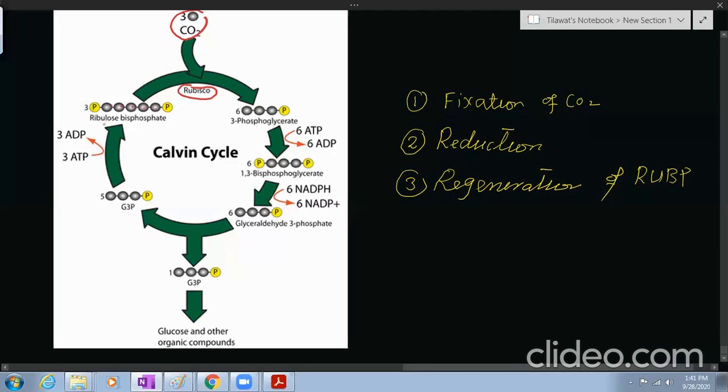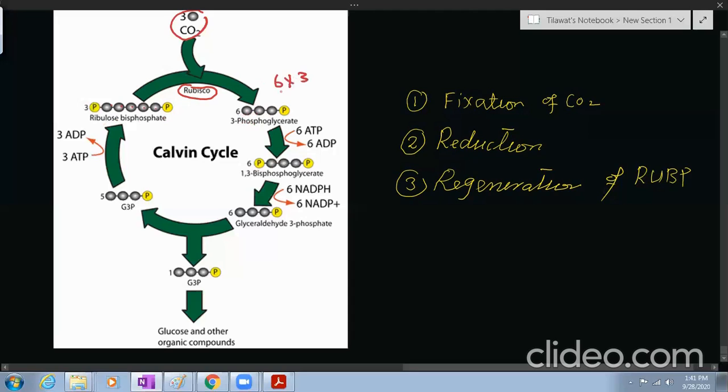A 5-carbon molecule called ribulose biphosphate, and that makes what? 3-phosphoglycerate. 3-phosphoglycerate because phosphate is at position 3, but the molecule is a 3-carbon molecule, right? It means total molecules we have how many? 6.